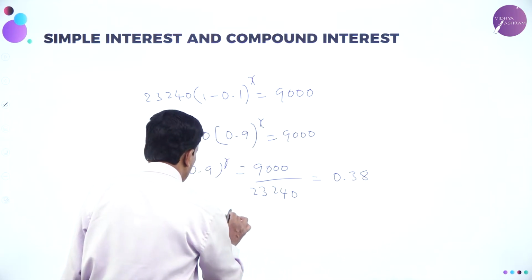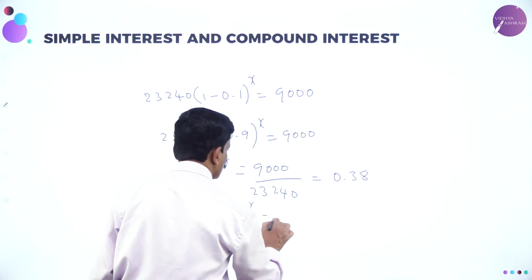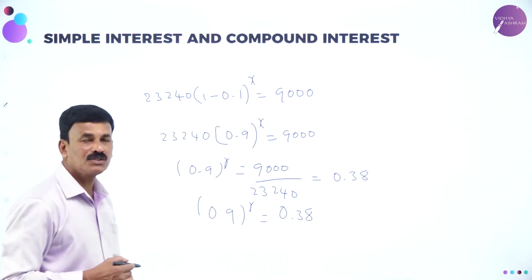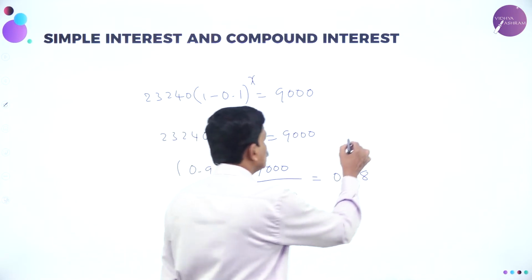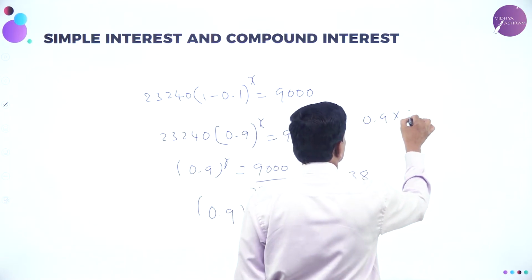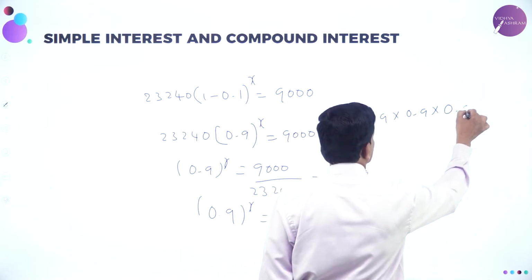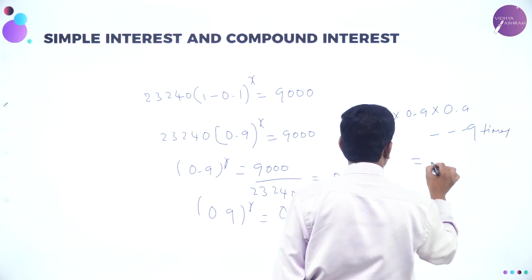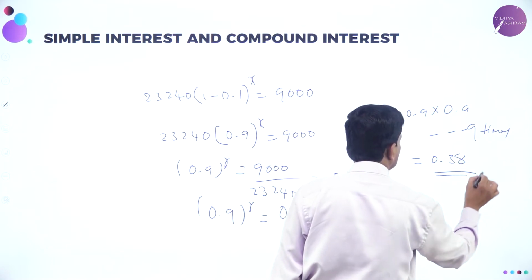So 0.9 to the power of X is equal to 0.38. If you multiply 0.9 into 0.9 into 0.9, how many times? If you multiply 9 times, this is nearly equal to 0.38.